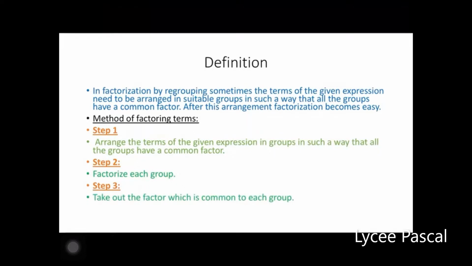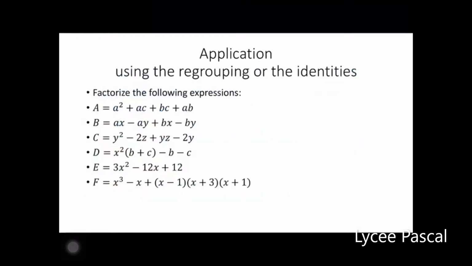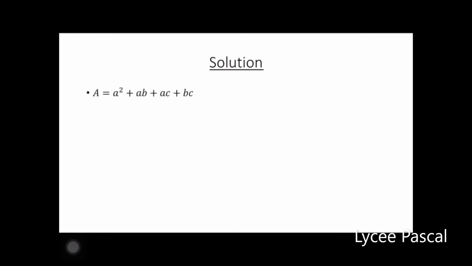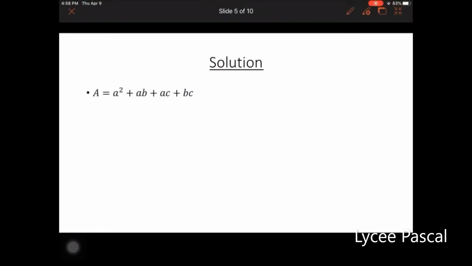Okay, look here, we have an application. I want to solve these expressions, and I want to send you an extra sheet to factorize using the method of regrouping and also the identities. So if we pass to the first one, A equals a squared plus ab plus ac plus bc.